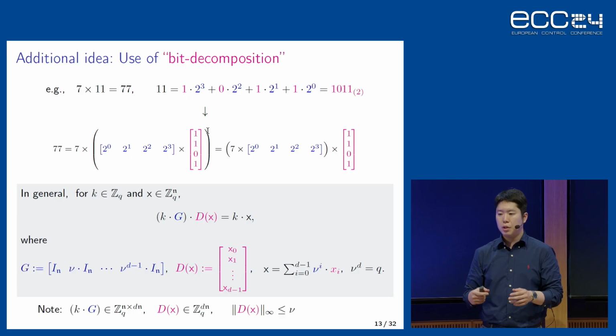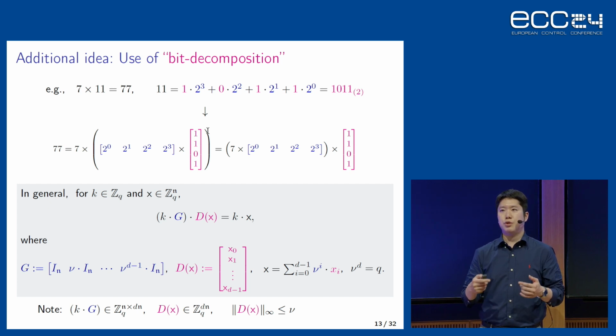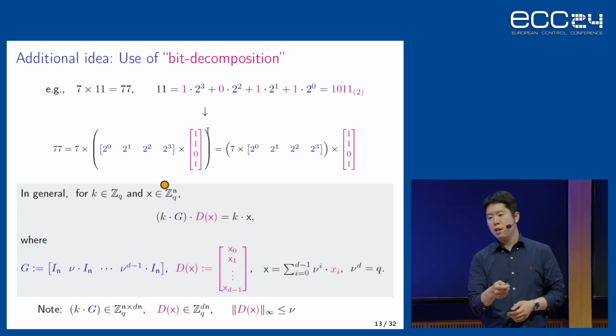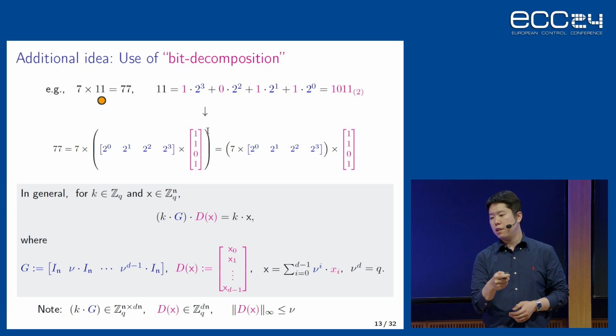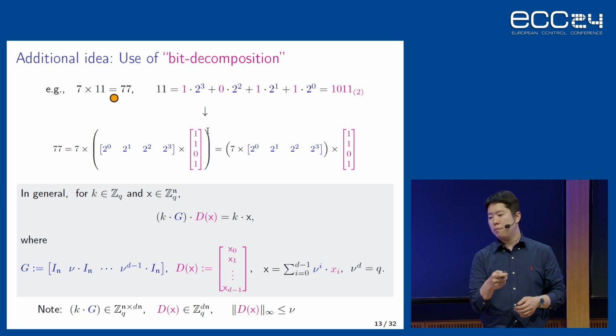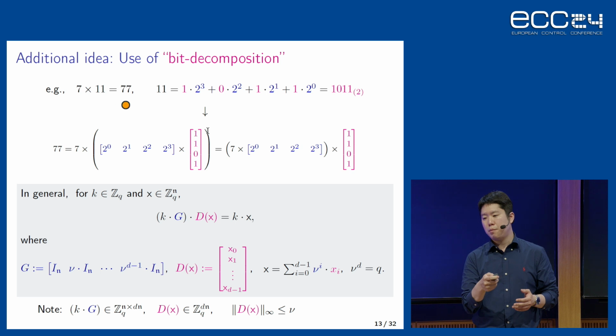So I would like to skip the detail a little bit, but the thing is, we change the method of multiplication. For example, regarding this multiplication, 7 multiplied by 11 is 77, but there is another method for the multiplication.